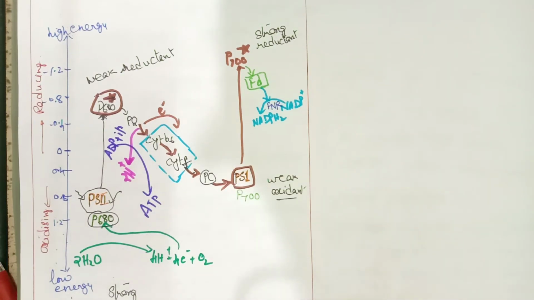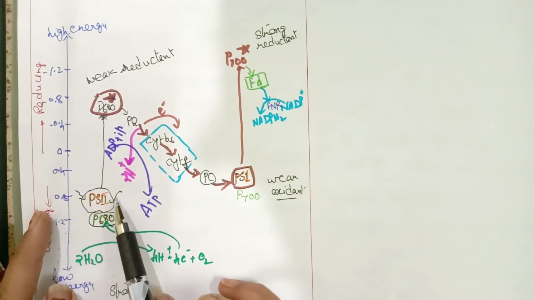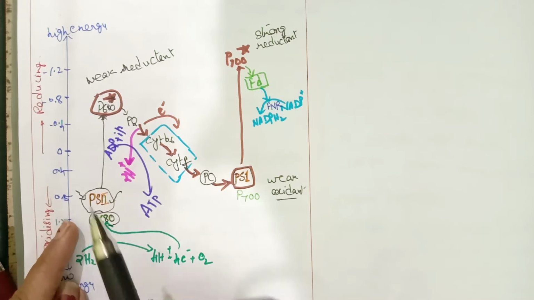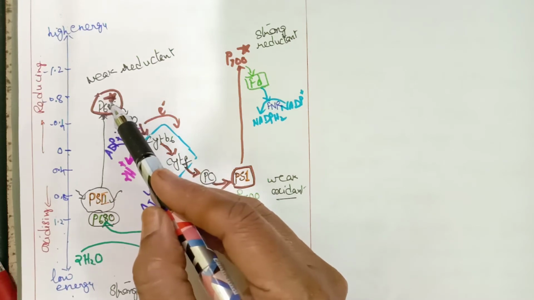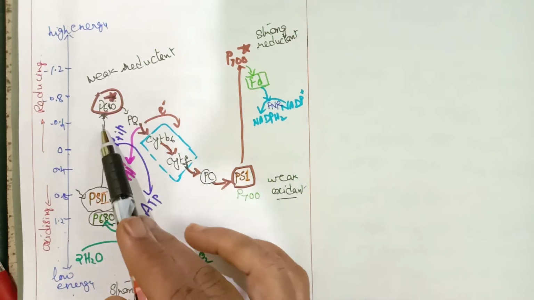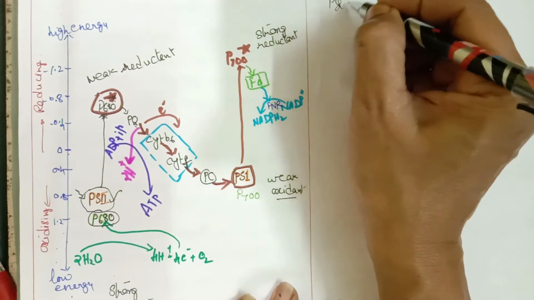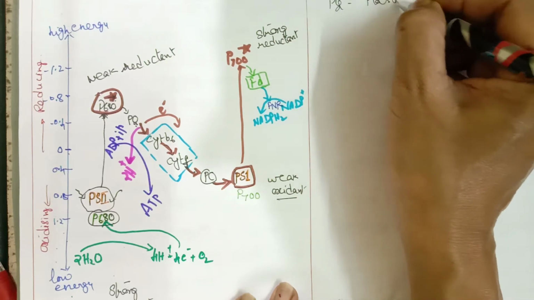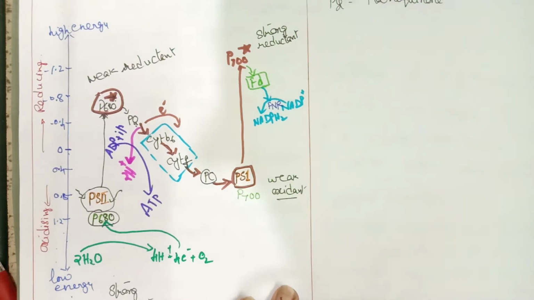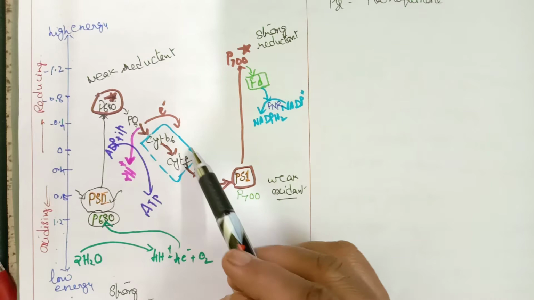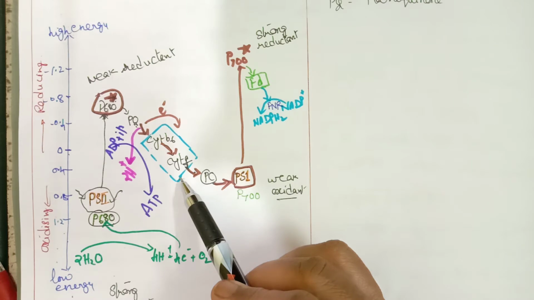Here first photosystem 2, with P680, absorbs light and then reaches the excited state. Excited state I have shown by a star, and the primary electron acceptor is called PQ. PQ stands for plastoquinone. From plastoquinone, the electrons move to the cytochrome B6 and F complex.